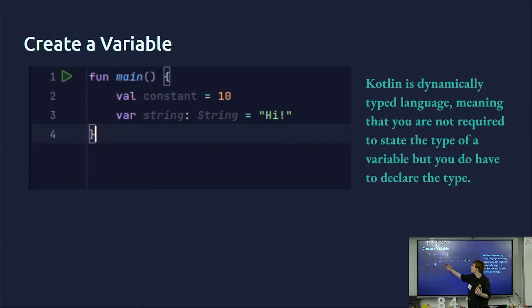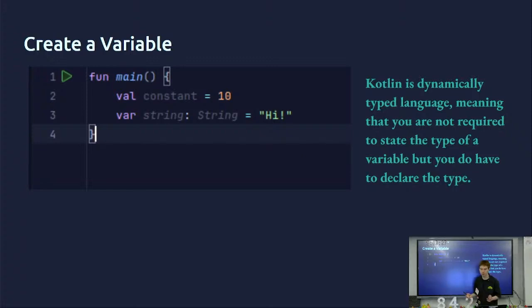Like Java, there's final kind of things that we call vals instead of final variables because they don't change. So constant equals 10 would mean that this variable will always be 10 and there's nothing changing that. Then we also have variables like your normal little thing.